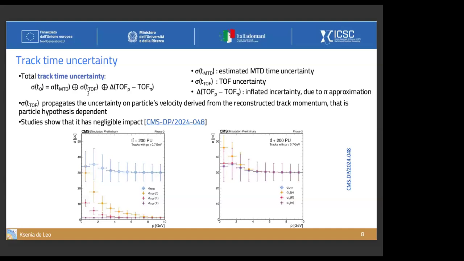The time of flight uncertainty in particular is just the propagation of the uncertainty on the particle velocity that derives from the reconstructed track momentum, and this is also dependent on the particle hypothesis. However, different studies have shown that the overall time of flight uncertainty on the track time has a negligible impact on the reconstruction.